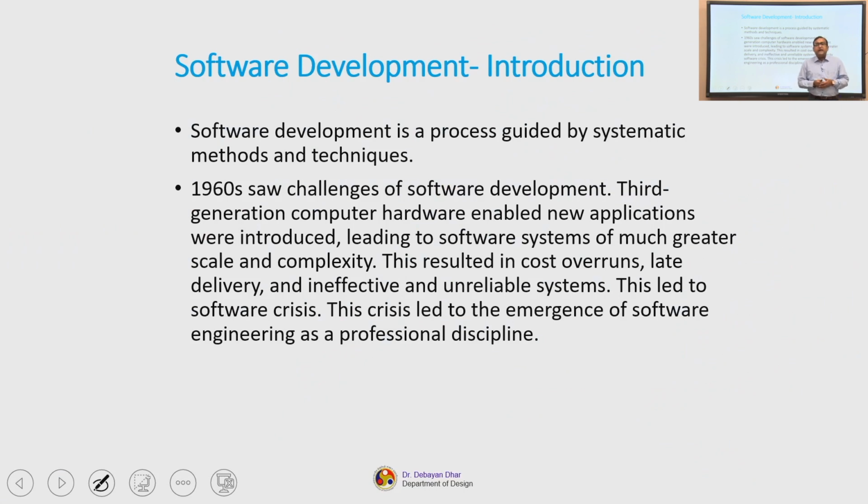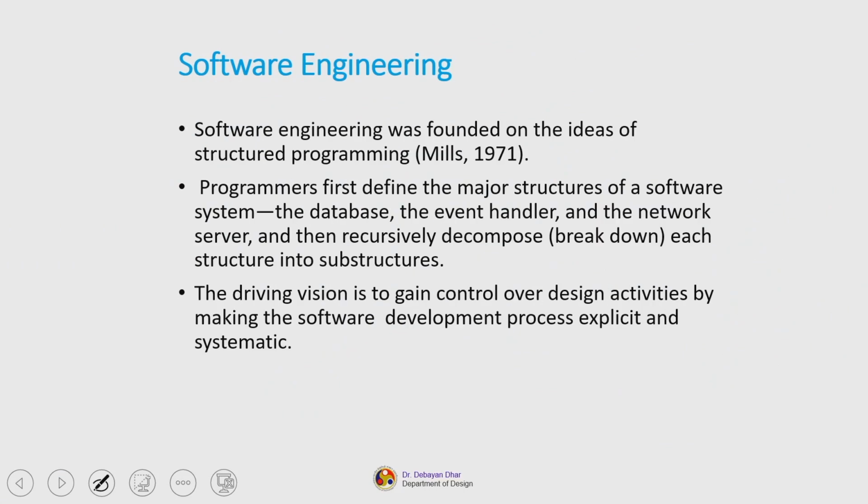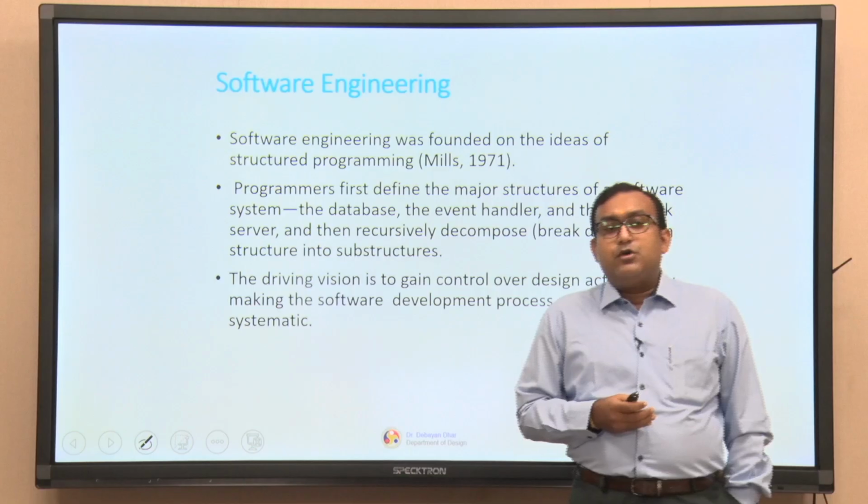Now, this led to the software crisis in the late 60s and early 70s, and this crisis led to the emergence of software engineering as a professional discipline. Software engineering was founded on the ideas of structured programming.